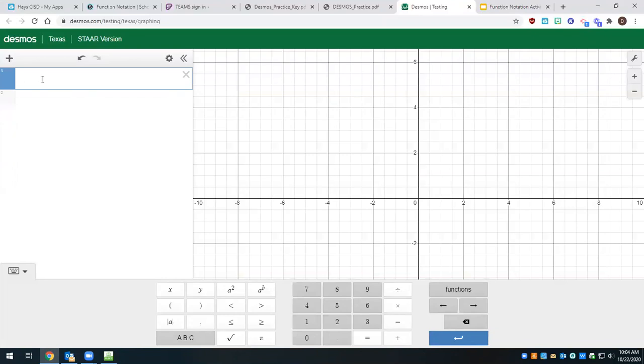So DESMOS will read f of x. So let's type in our equation. So f of x plus 5. Okay, so I'm just literally typing in exactly what they start you with here in DESMOS. This is how you get to your table. So watch, does anybody know how to get to a table?